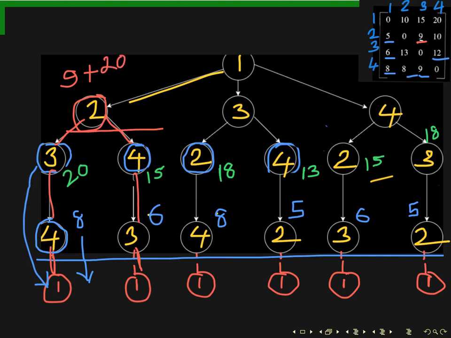This is one option. Another option is that you can go through the route 2, 4, 3, 1. In that case, the cost would be the distance from 2 to 4, which is 10. So it would be 10 plus the minimum cost at 4, that is 15.